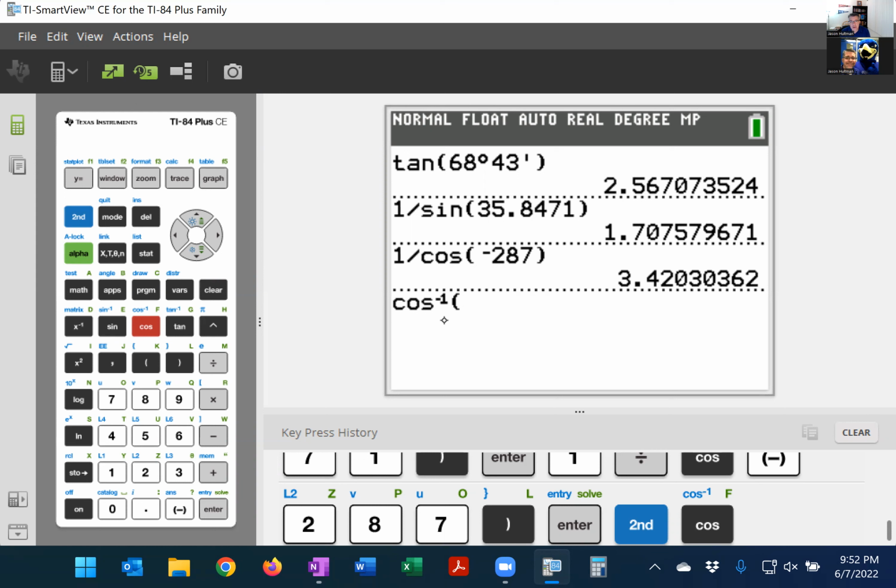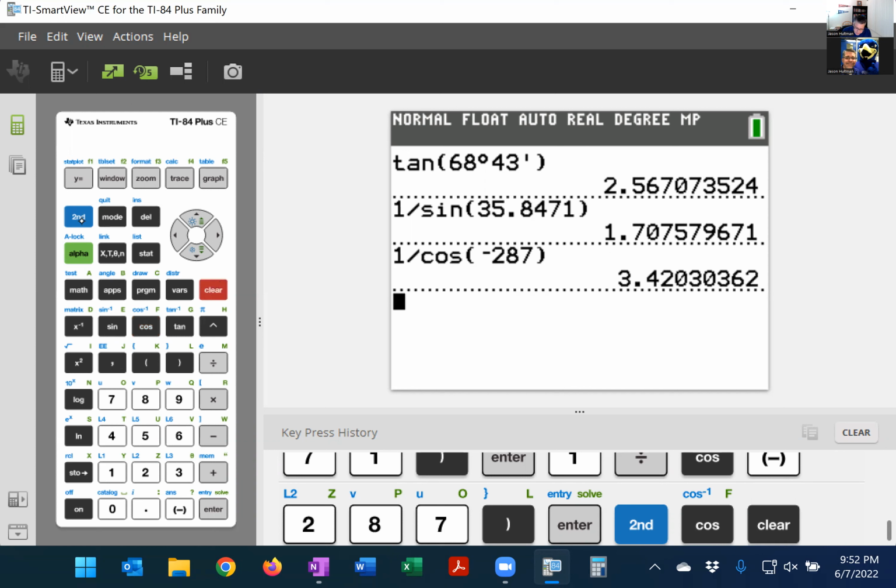Again, it's not the same as secant, which I could get using the x to the -1 key. So don't get these confused. It's so easy to get confused, and I'll talk about that in just a minute. But the right key to get the angle is the arc cosine, which is second cosine there.